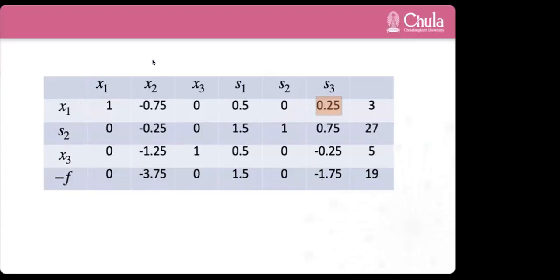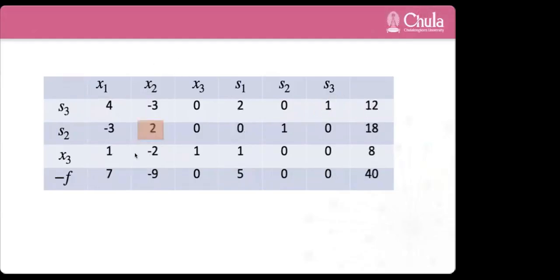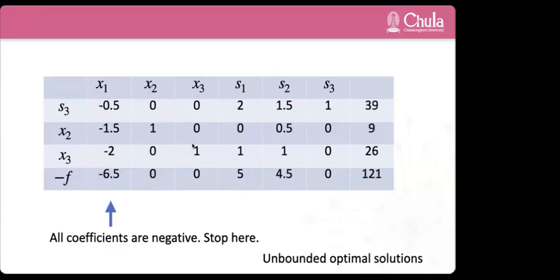However, we cannot use this column because all the coefficients are negative, right? Only this is available. We do again, this is the remaining negative coefficient, x2. Yes, we do it again.